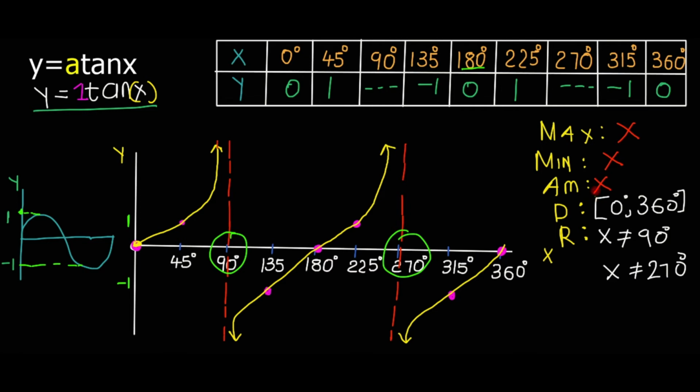So for the domain you will write it in this way: 0 to 360 degrees, but X cannot be equal to 90 degrees, and X cannot be equal to 270 degrees. And then now let us look at the range. Actually range is the opposite of domain.